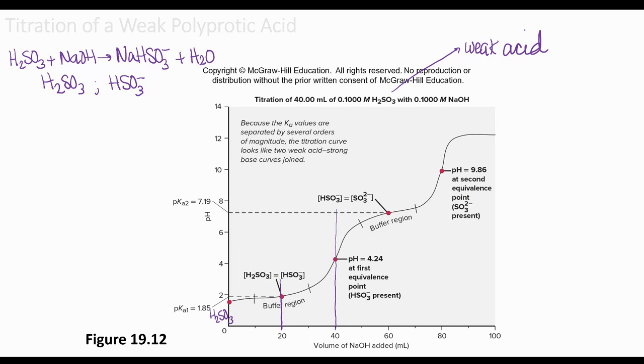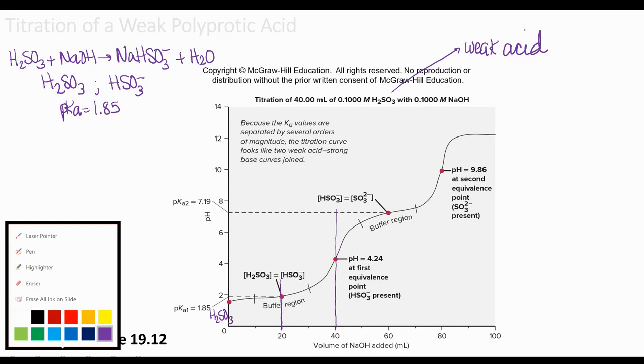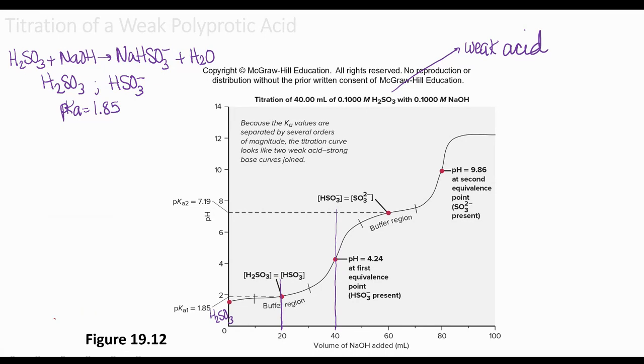So the first pKa is 1.85. Another highlight then would be that this acid and base pairing would be an appropriate buffer between 0.85 and 2.85, which would be highlighted on the graph, this buffer region here.